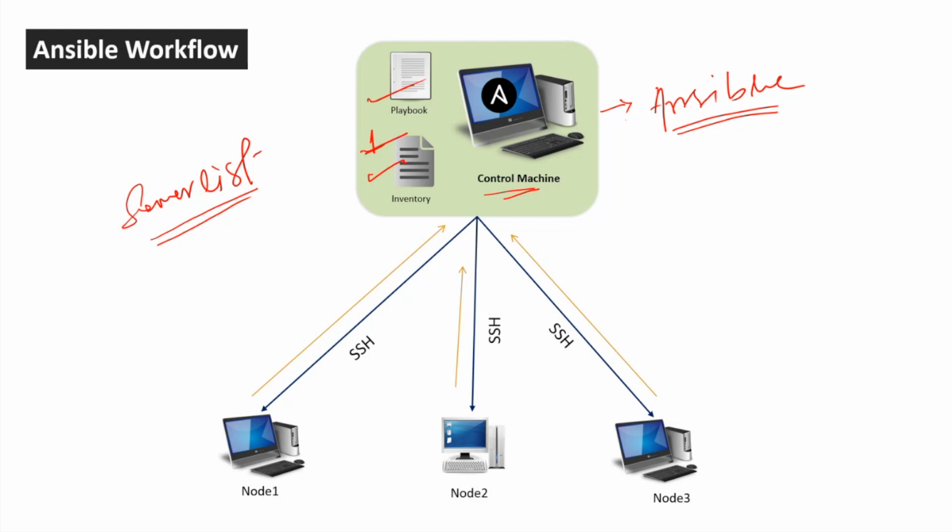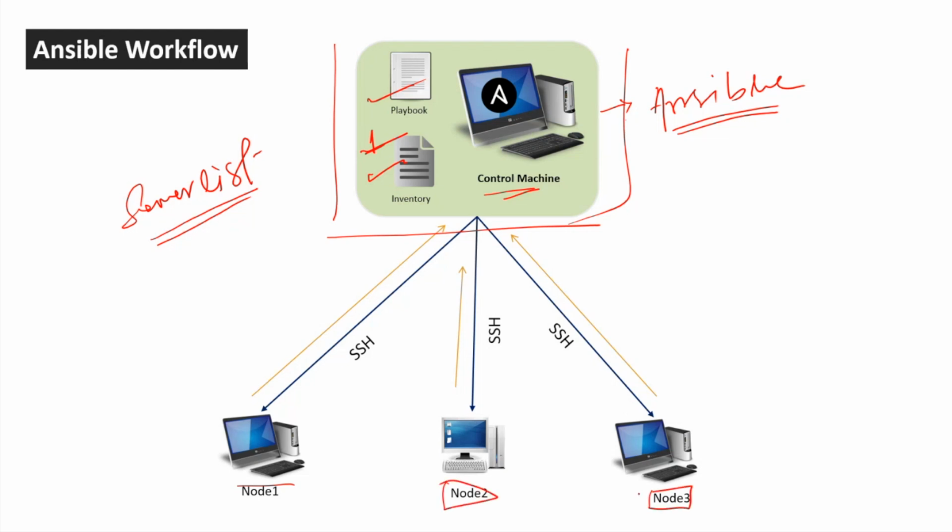Suppose you see this example, this diagram. We have the control machine here, and on this control machine we have the inventory file. In this inventory file, the node information will be written.